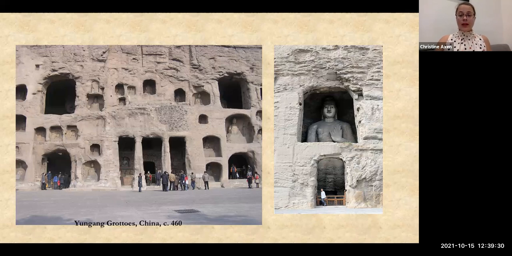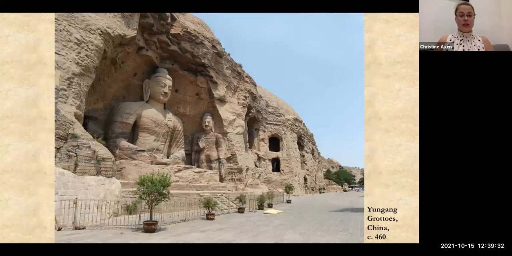So in Cave 20, which you see here, we have 2 figures that survived, but our historians believe that there was a 3rd one to create a symmetrical staging, so that figure would have been here on this side. And we can see some of the traditional features of Buddha art in these particular statues. The central statue is about 42 feet high.